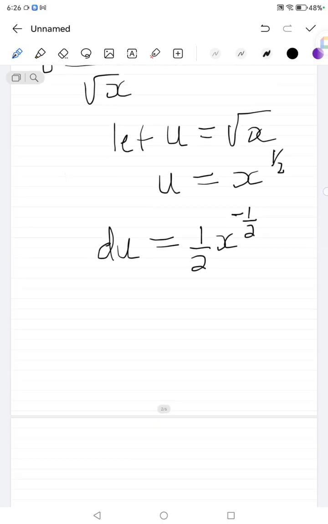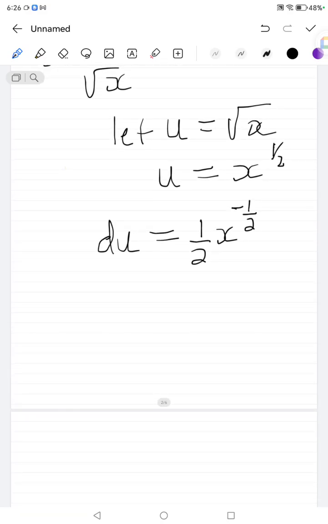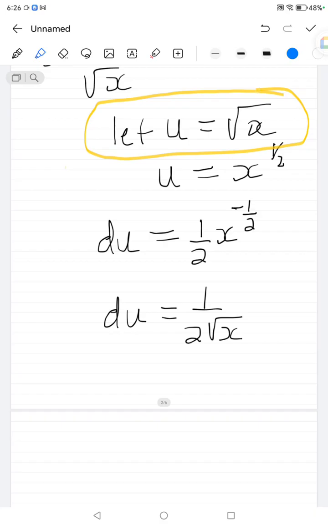Okay, so this is the same as having du, which is basically 1 over 2 root of x. But we already said that we're going to let u be equal to root of x. So now we can say du is the same as 1 over 2u times dx.